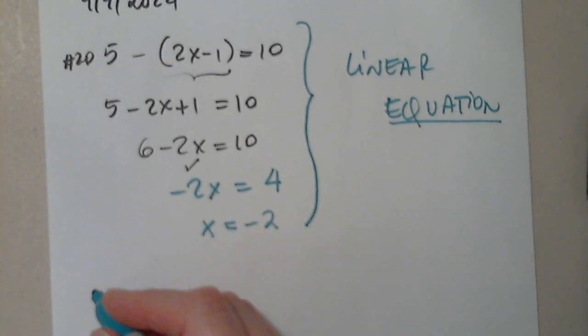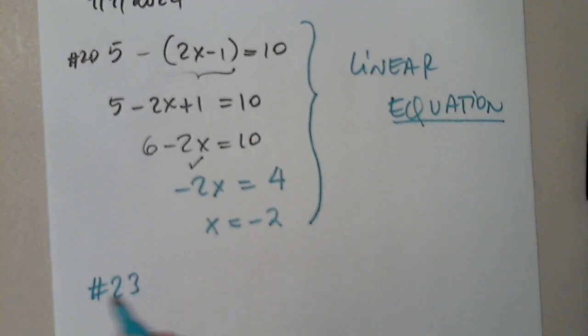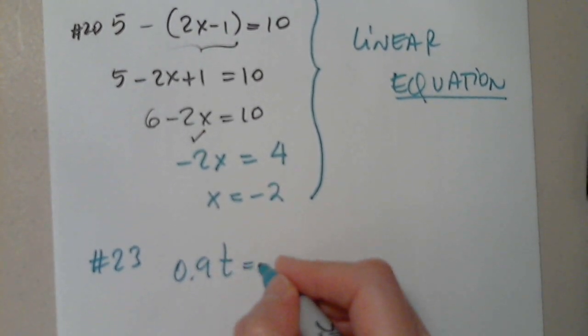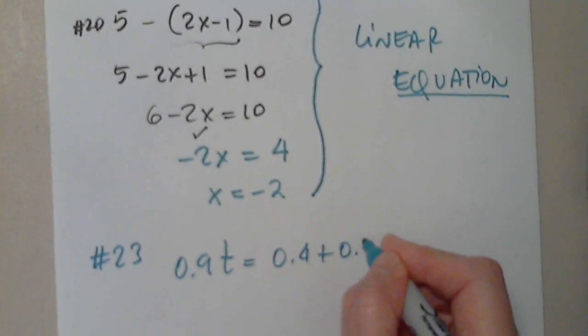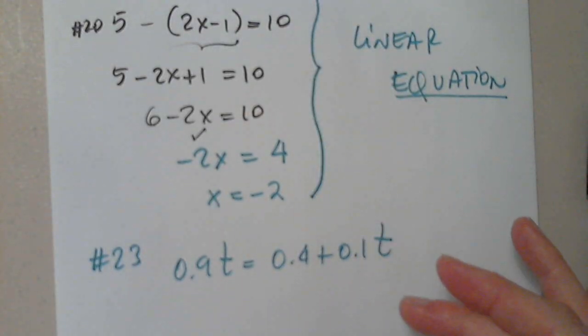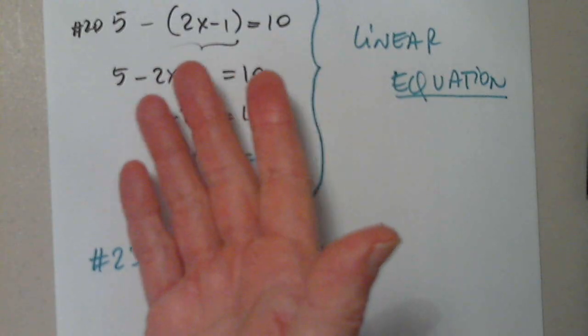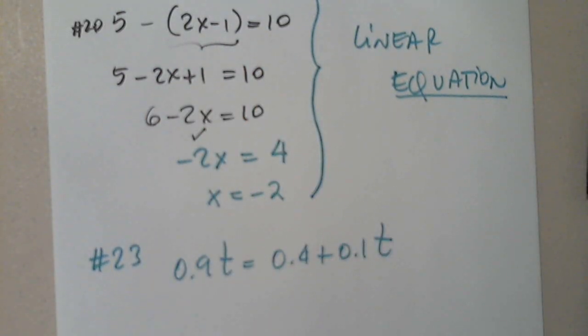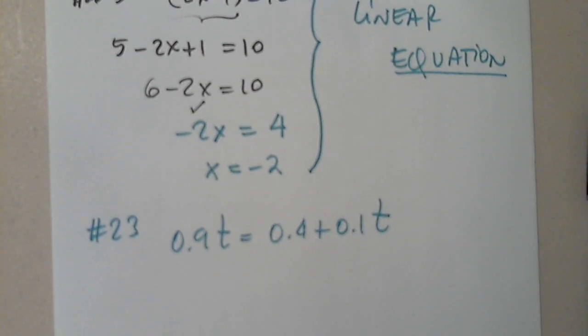Too easy. Okay, perfect. So let's look at 23. So we have 0.9t equals 0.4 plus 0.1t. See, there is a difference between these two. Here I had to simplify a little bit before deciding what the next step is. But here there is nothing to simplify.